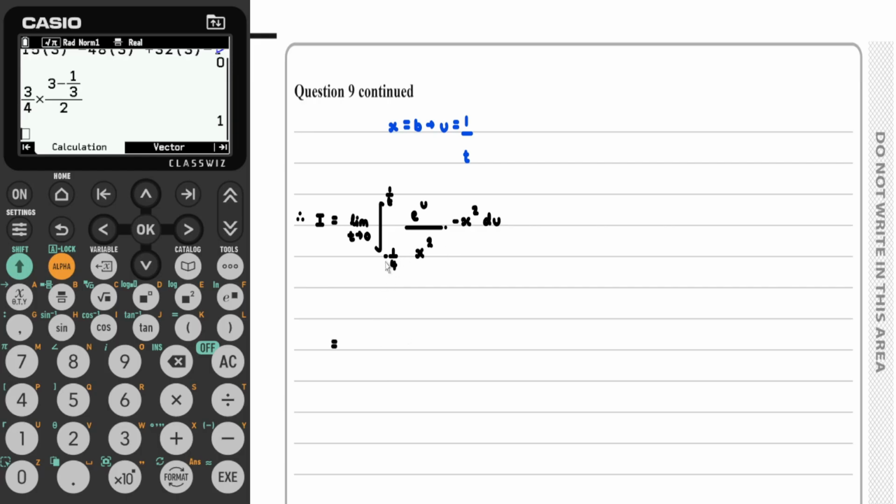Now here, if I take the negative outside, noticing that the x squareds cancel, I would have negative the integral of e to the u du between negative 1/4 and 1 over t. And if I integrate, we've got the limit as t tends towards 0 of negative e to the u between negative 1/4 and 1 over t.